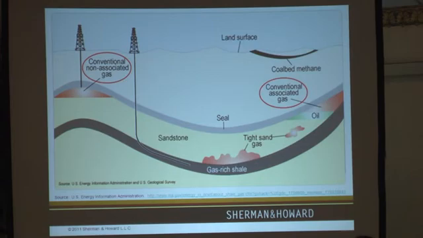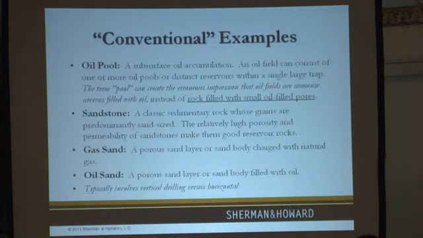It's in a porous reservoir that the oil and gas can flow out of easily. So there are references to oil pool. Sandstone is commonly a place where gas is found in these conventional reservoirs. Sands, oil sands, gas sands.